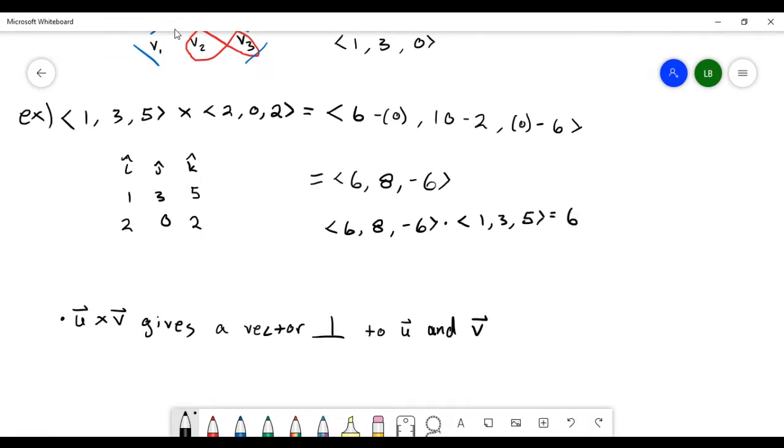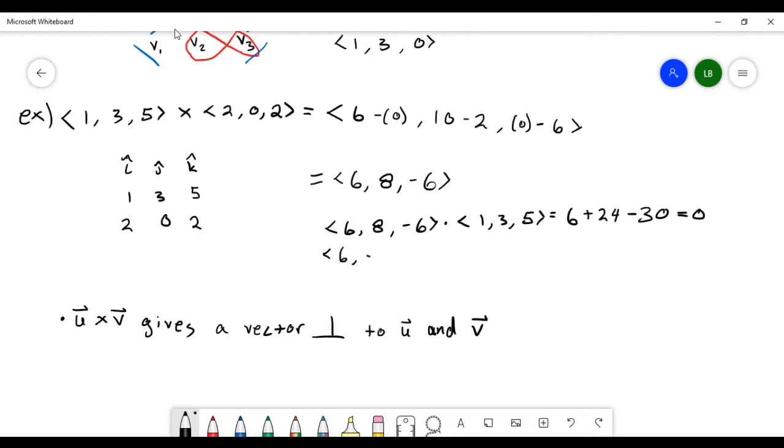We get 6 times 1 gives us 6, plus 8 times 3 is 24, then minus 6 times 5 is minus 30, and that gives us 0. So 6, 8, negative 6 is perpendicular to 1, 3, 5.